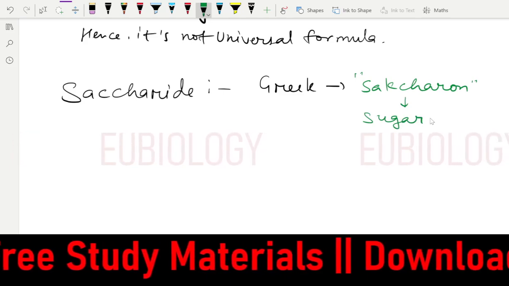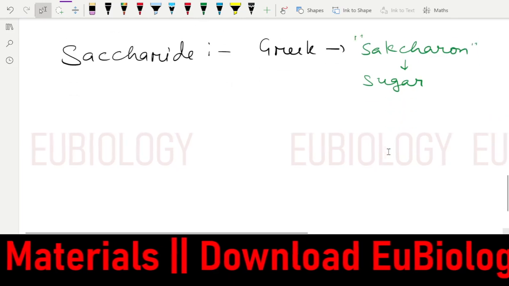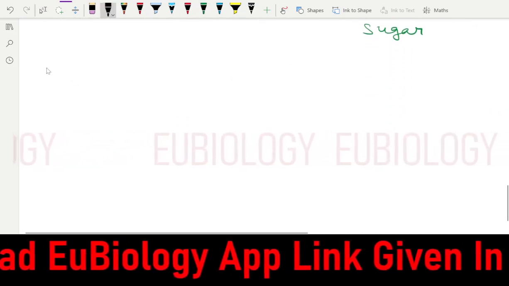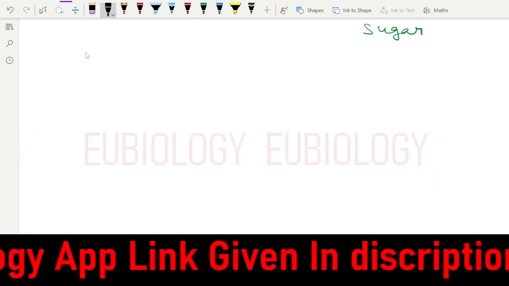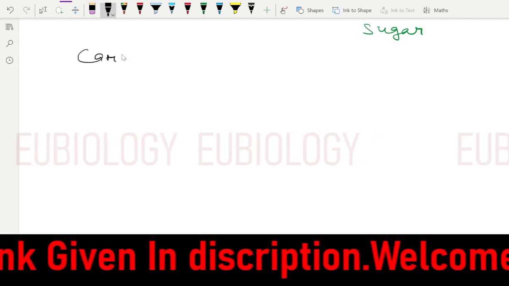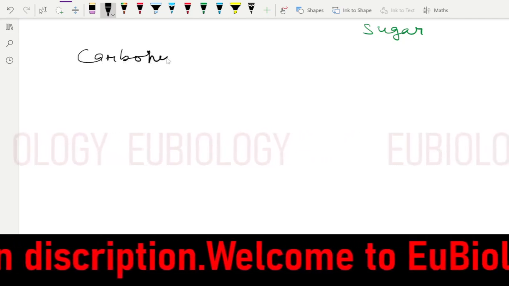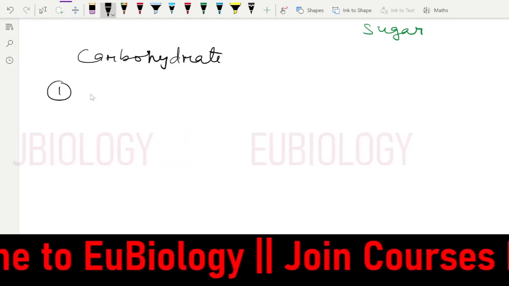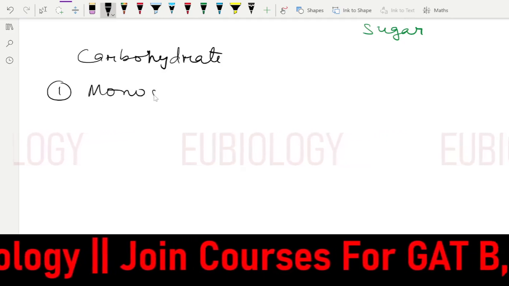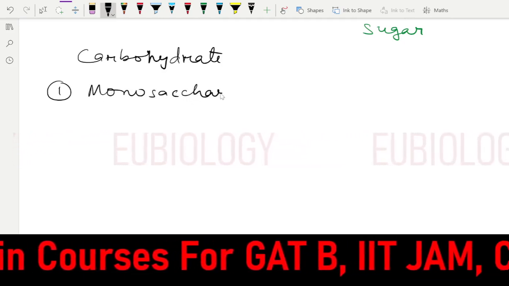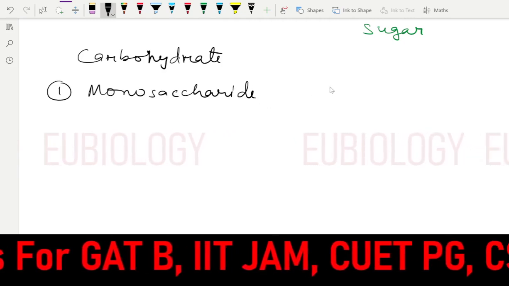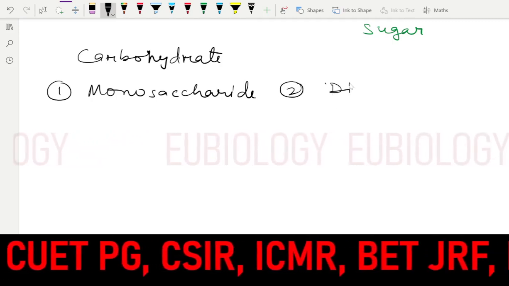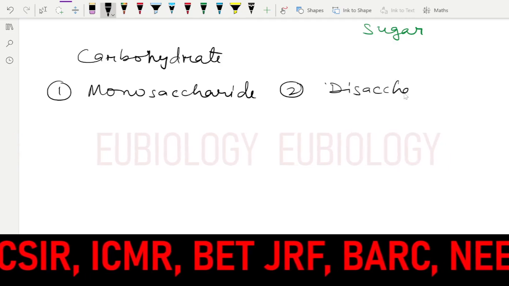For the ease of our studies, we divided the carbohydrate into three types. The first is monosaccharide. Second is disaccharide.